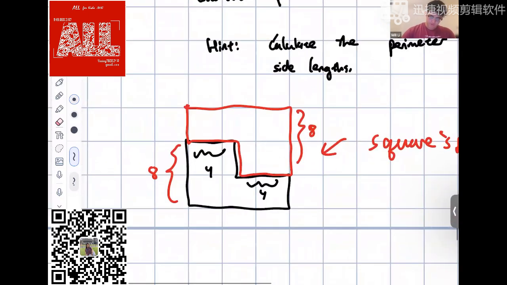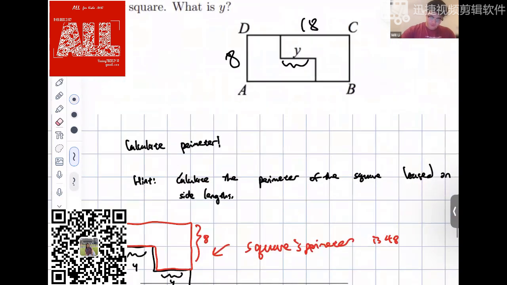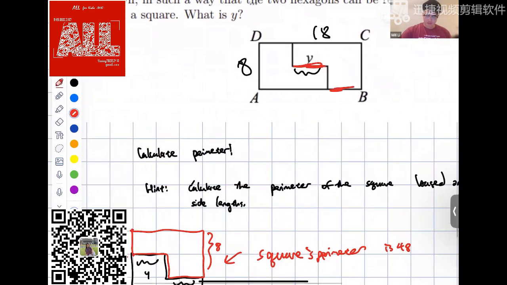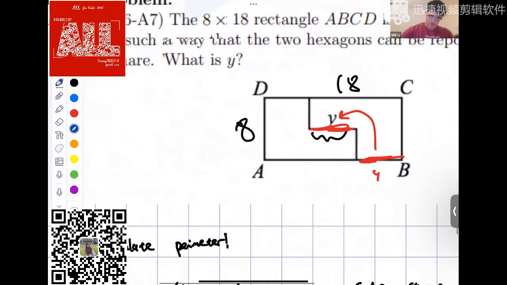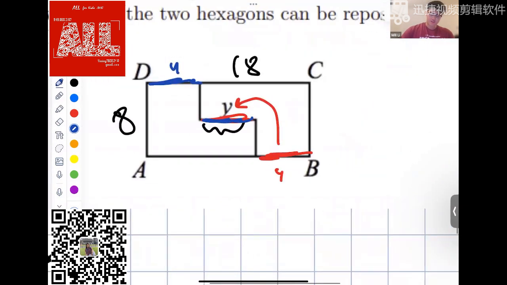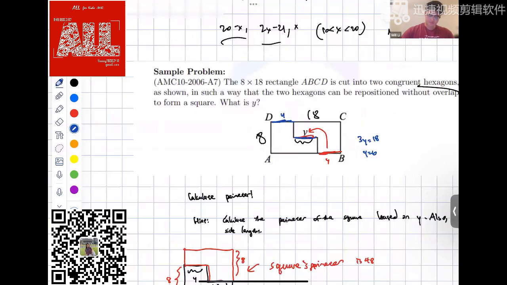If this length is y, and you're putting this length on top of this length when you stack the hexagons to construct the square, then that means this has to equal y also. And similarly, you're stacking this one on top of this one to create the square, so this one also has to equal y. So you can find that 3y equals 18, y equals 6.